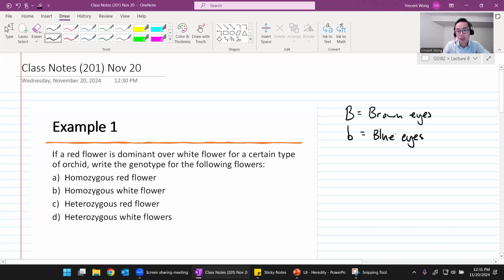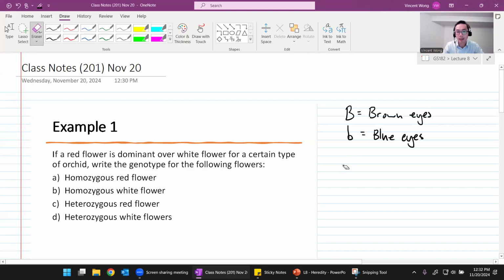We use the capital letter for the dominant trait, and we use the lowercase letter for the recessive trait. It is important to remember we always use the same letter for a specific character.